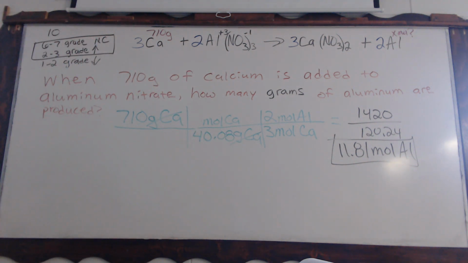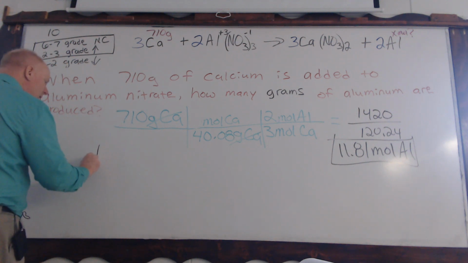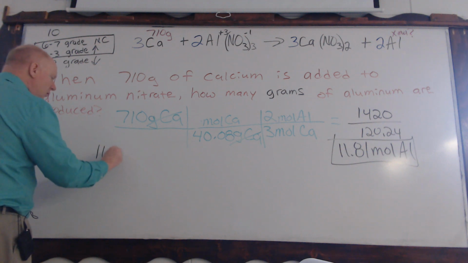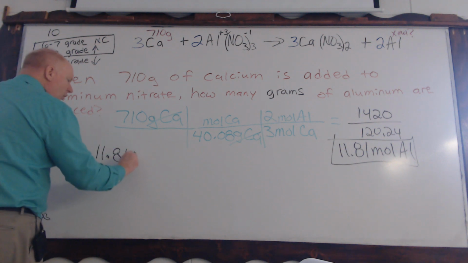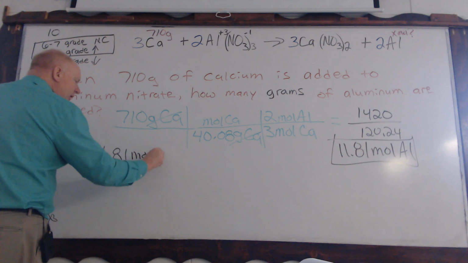This is a way to do moles to mass now. So since we have that calculated, 11.81, that is moles of aluminum.